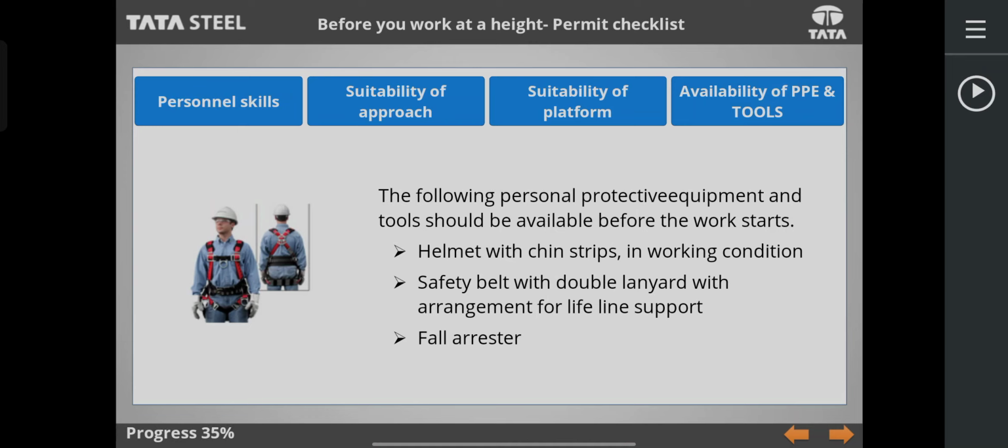Availability of personal protective equipment, PPE, and tools. The following personal protective equipment and tools should be available before the work starts. Helmet with chin straps in working condition. Safety belt with double lanyard with arrangement for lifeline support. Fall arrestor.